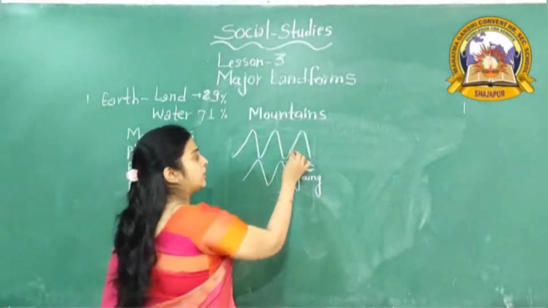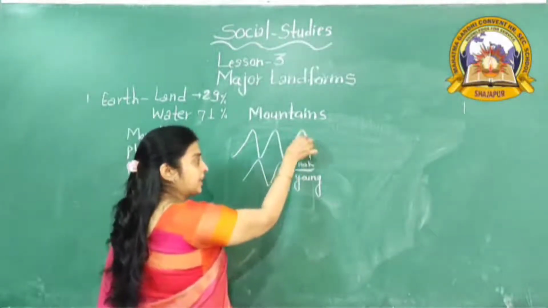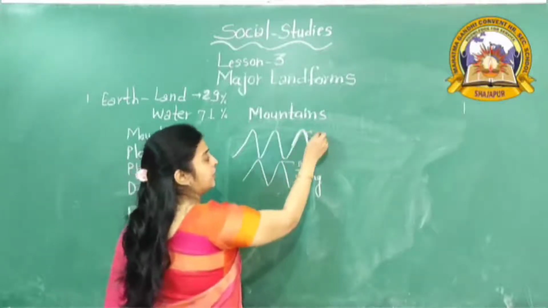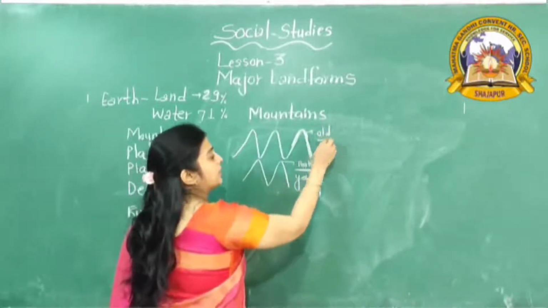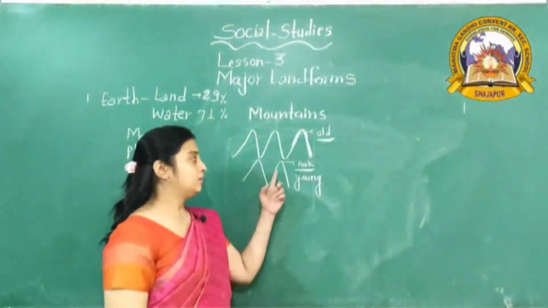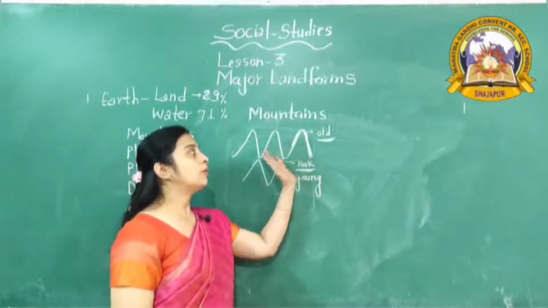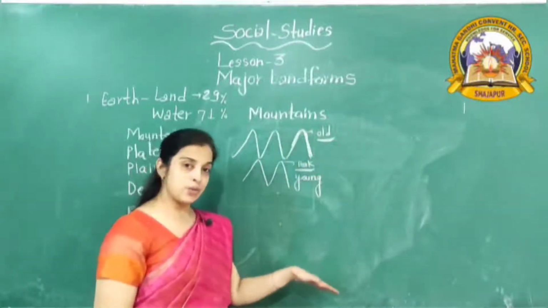And those mountain peaks that are rounded like this are known as old mountains. Young mountain peaks are conical and old mountain peaks are round.